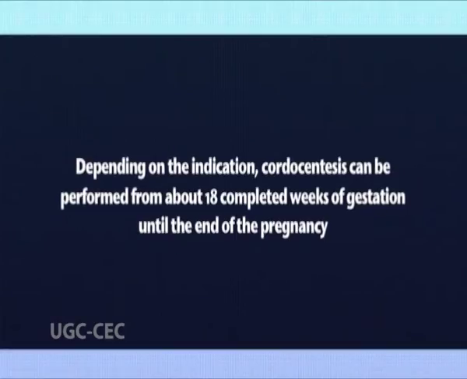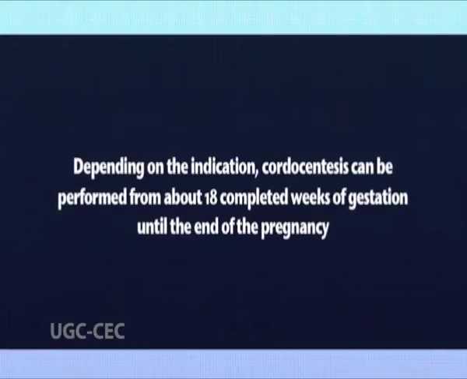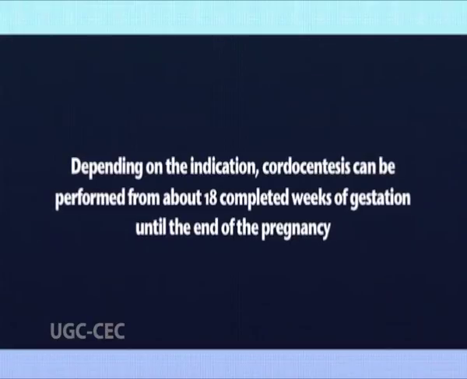Depending on the indication, chordocentesis can be performed from about 18 completed weeks of gestation until the end of the pregnancy. When imaging and placental conditions are optimal, it can be done as early as 15 completed weeks. It is usually performed on an ambulatory basis.